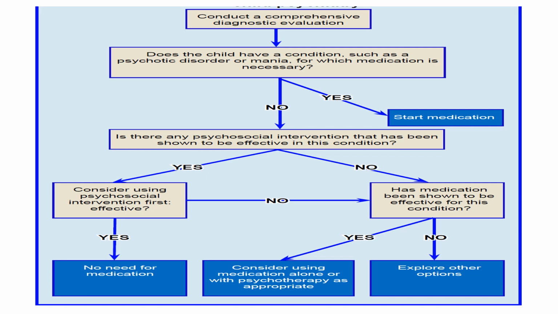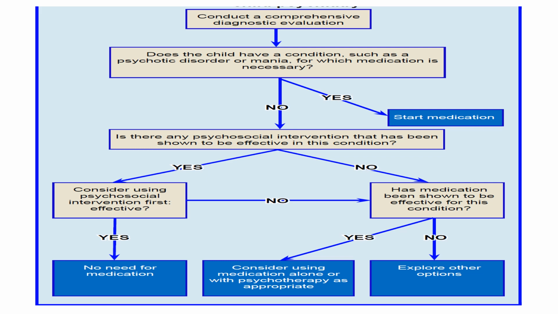If it is no, then what do you do? Think of a psychosocial intervention. We have counseling, cognitive behavior therapy, and remediation therapy. So we have a lot of other options. See if an effective treatment is there.